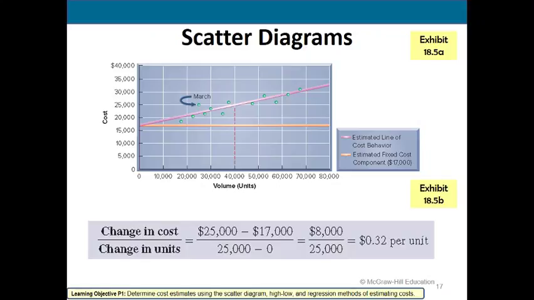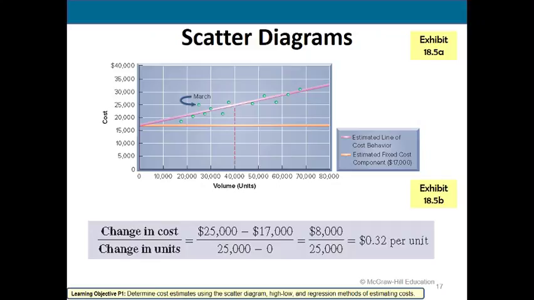To compute variable cost per unit, you follow 3 steps. First, you're going to select any 2 levels of units produced, from, say, 0 to 25,000. Then you're going to identify total costs at those production levels. So at 0 units of output, total cost would equal fixed cost of 17,000.